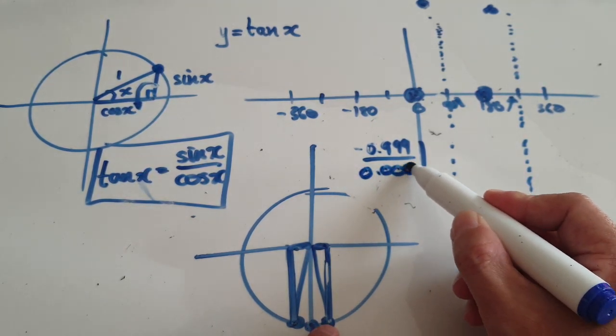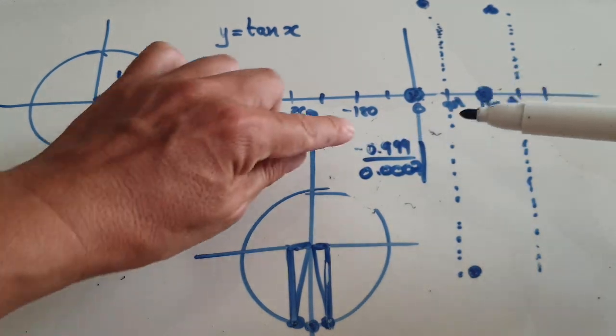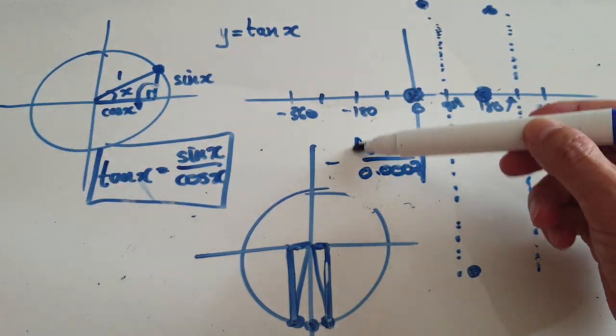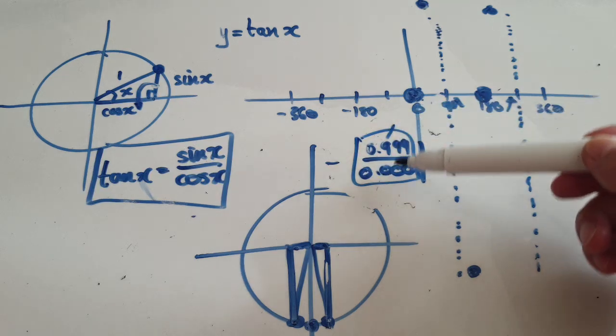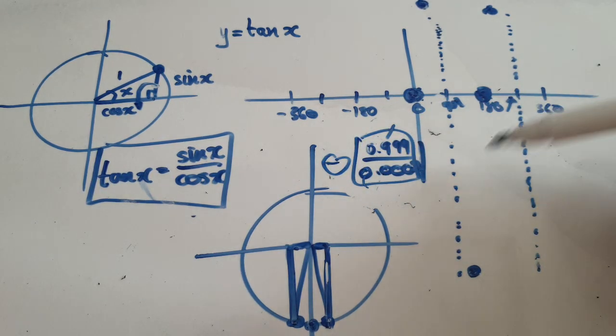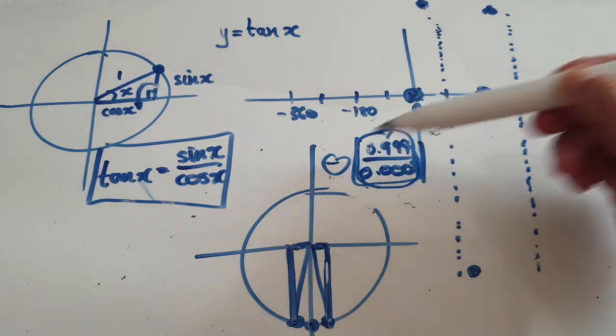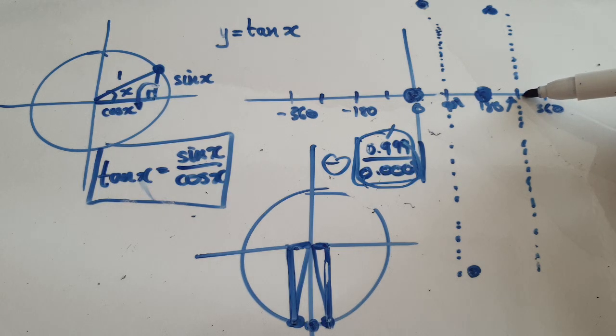Let's just imagine it to be, I don't know, this small number here. So here you've got one negative, so we can take it out here. And then this number would be very, very big because you're dividing by a small number with a negative. So just past 270, it would be a big number with a negative. So just past 270, it would jump all the way down here.